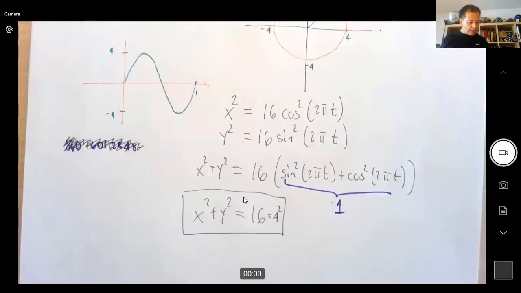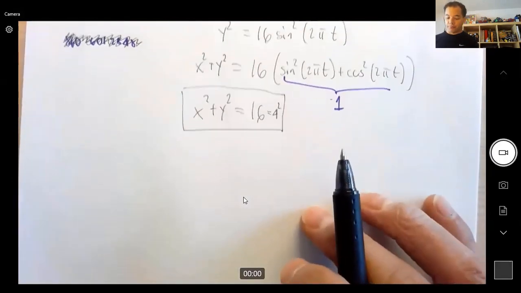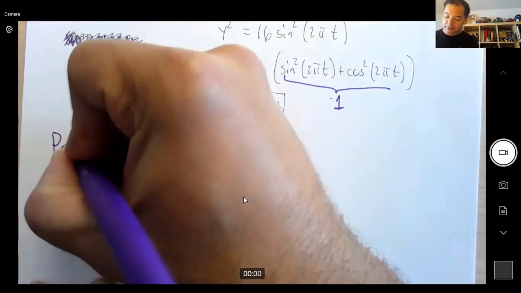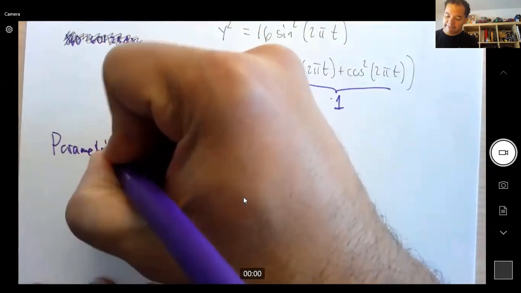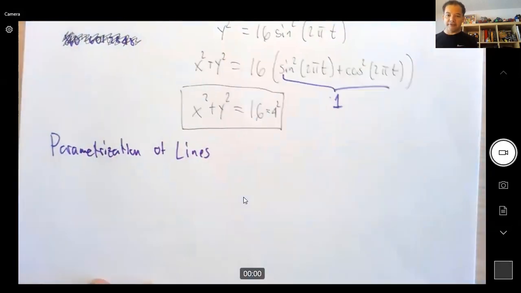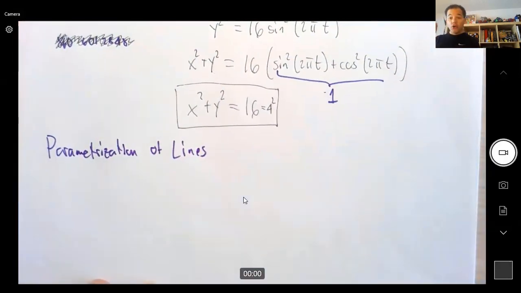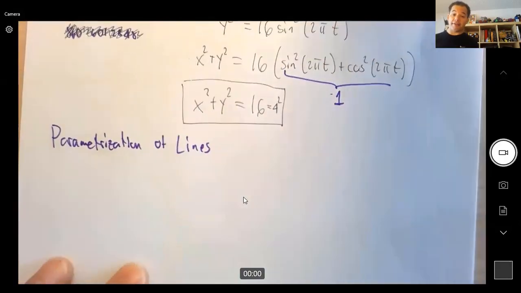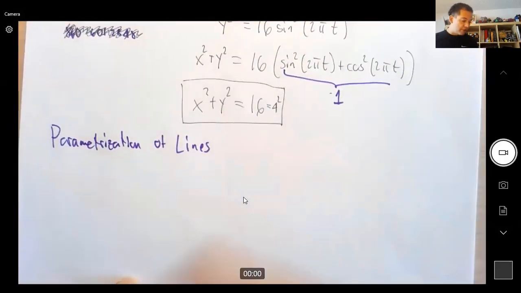Fantastic. So now let's talk about the next important things we should be able to parameterize, which are lines. Parameterization of lines. They're kind of straightforward. Here is how you can usually parameterize lines.